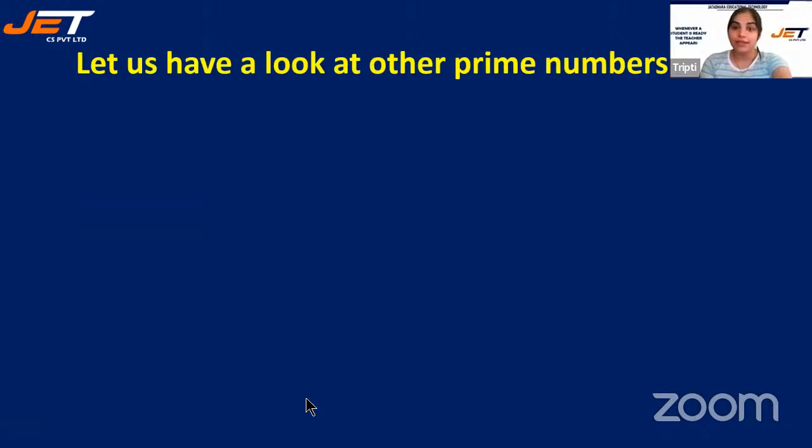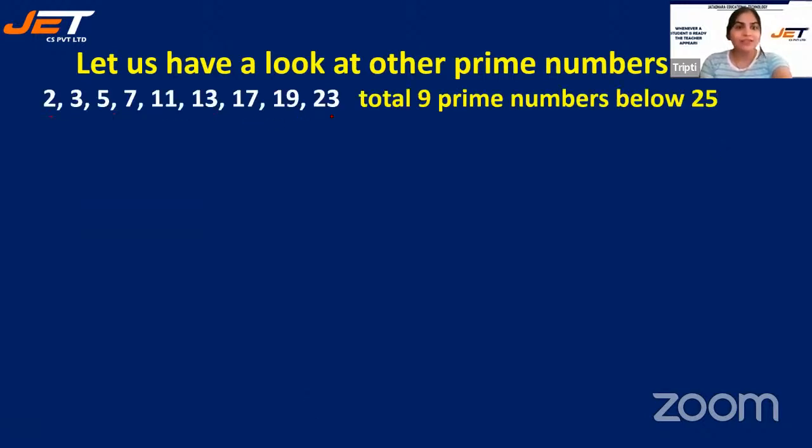Let's have a look at other prime numbers: 2, 3, 5, 7, 11, 13, 17, 19, 23. These are prime numbers below 25. Why are they called prime numbers? Because they have exactly two factors. And notice one thing, only 2 is an even prime number.